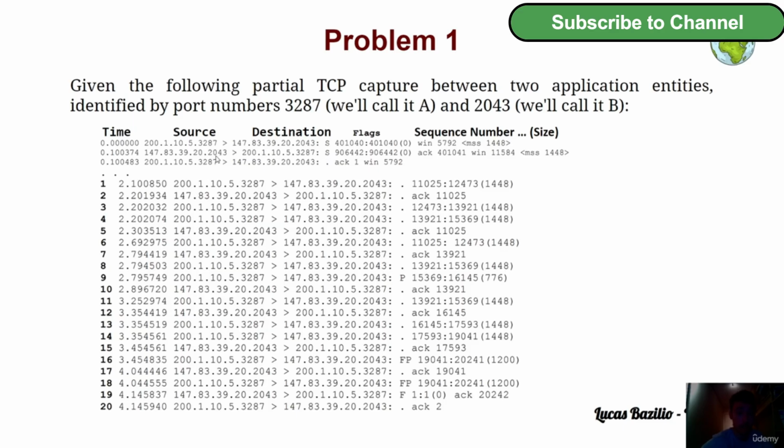As we can see in this packet from the application B, we have a time 0.100374. We can see the times in seconds, so the difference, 0.100374 minus 0, is essentially 0.100374. So this is the difference between the synchronization and the first response from the server in this three-way handshaking in the TCP connection establishment.